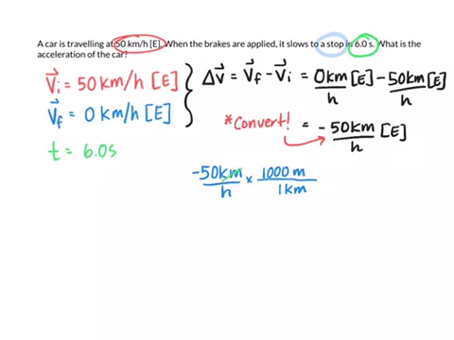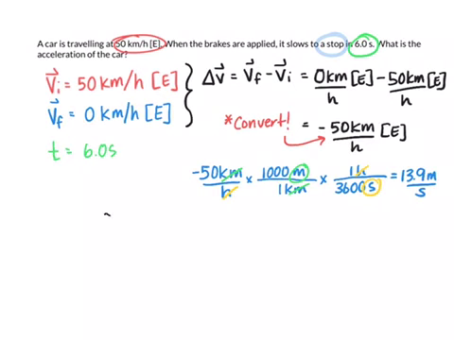That will allow us to cancel out kilometers. We're left with now meters per hour. And then we're going to change from hours. So we know that 1 hour is 3,600 seconds. And that will allow us to cancel out those hours. And we're left with meters per second. And we get 13.9, so 13.8 repeating meters per second. So that's our change in velocity.